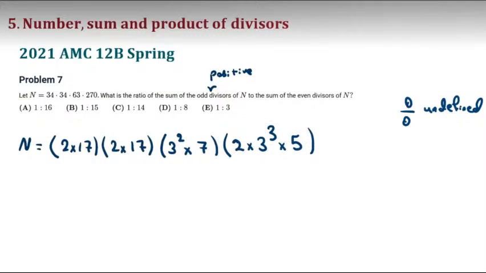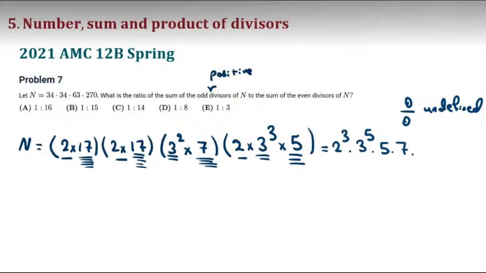Now for 2, we have 2 squared. For 3, 3 squared times 3 cubed gives 3 to the power of 5. And here we have 5, and here we have 7.